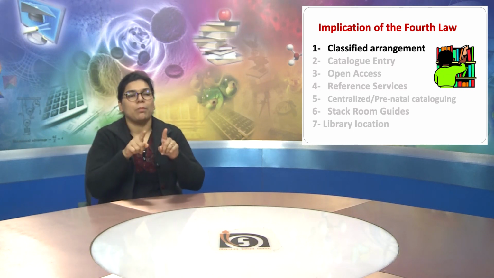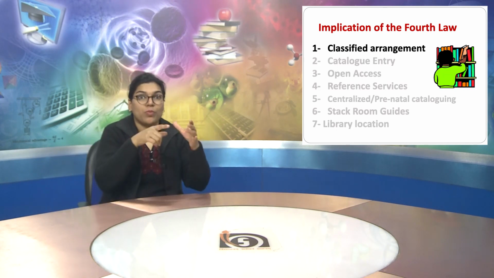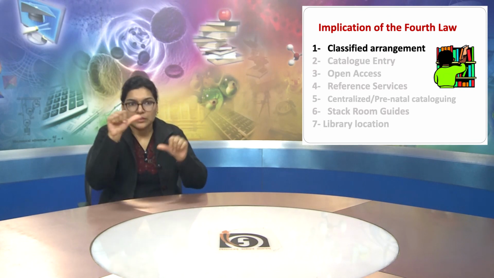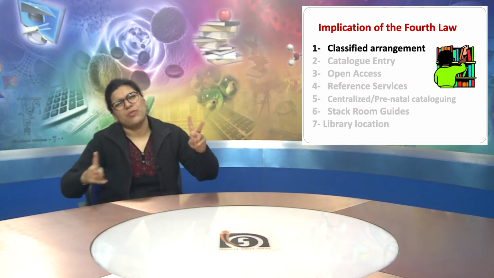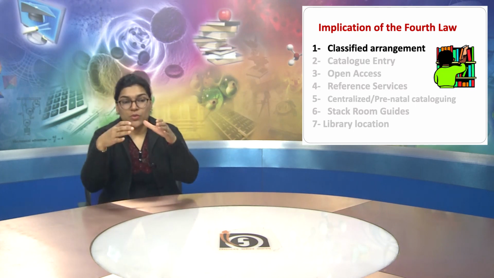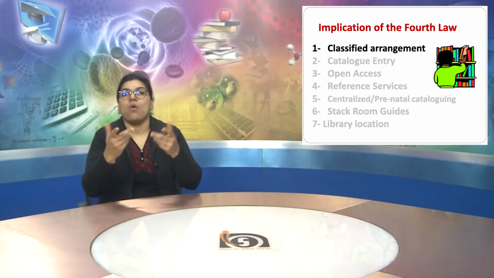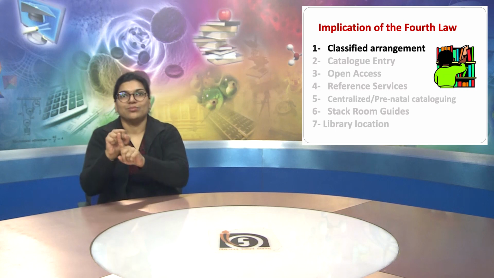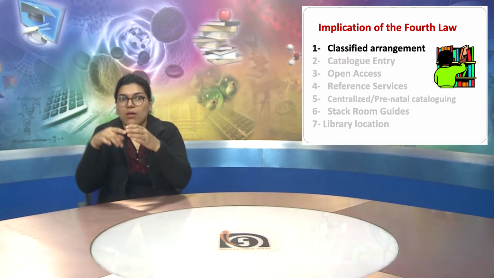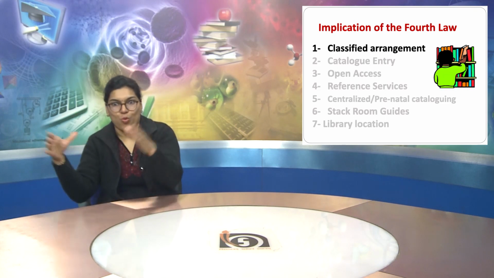Classified arrangement of books in the stack room saves the time of the reader, as it is easy for a reader to find all the books on the same subject arranged at one place for browsing. The arrangement of entries in the catalog cabinet is in a classified manner. It aids the reader to select the books easily from the respective shelves.